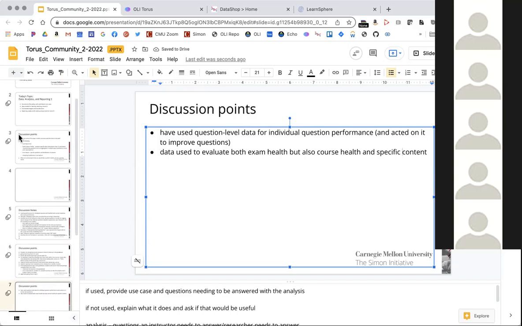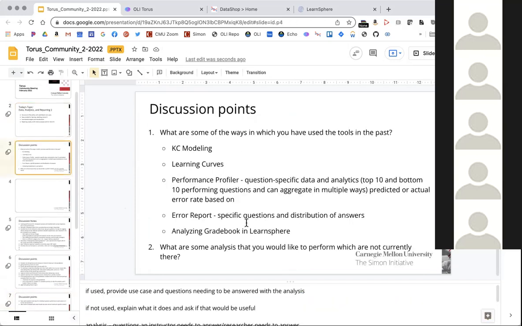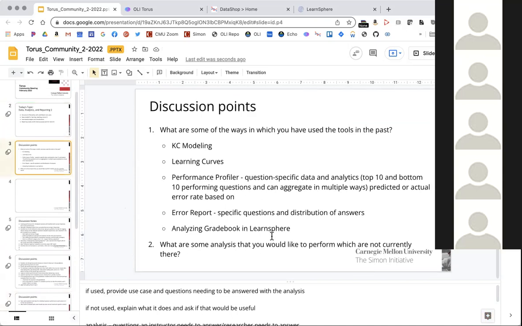Let me go back to. Yeah, we also have this analysis workflow in LearnSphere that allows anybody to upload a gradebook.